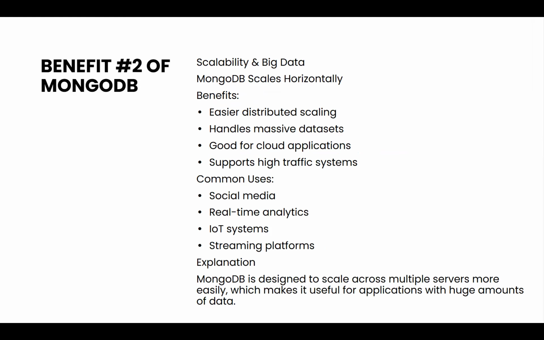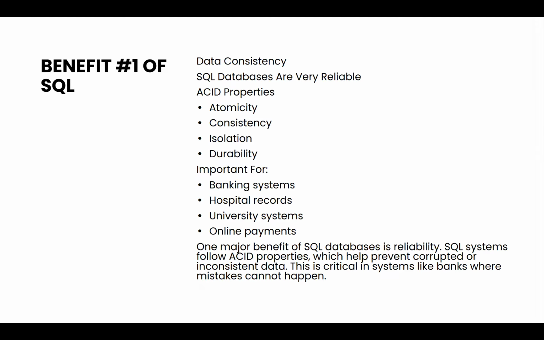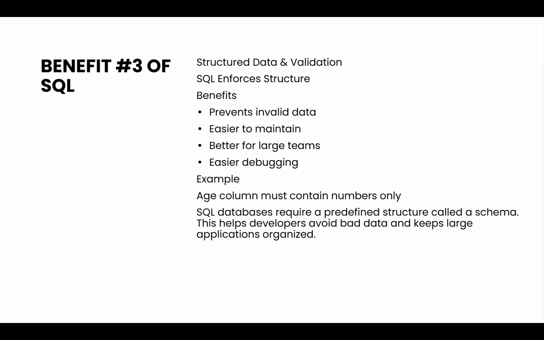Second is scalability and big data. The benefits are that it has distributed scaling, it can handle massive data sets, and it's good for cloud applications. It's also useful for social media and streaming platforms, which I believe I also talked about in the beginning.